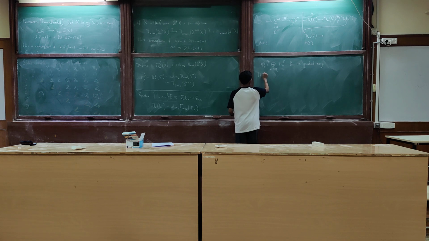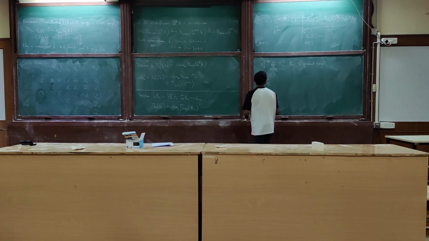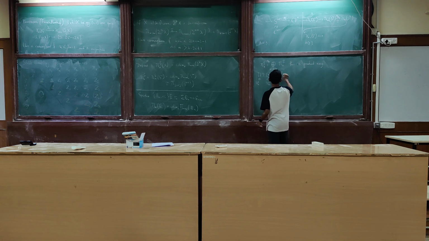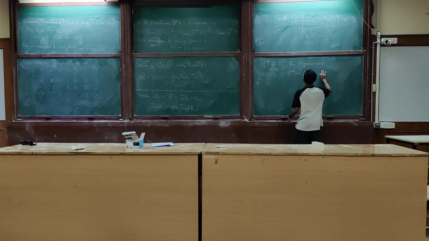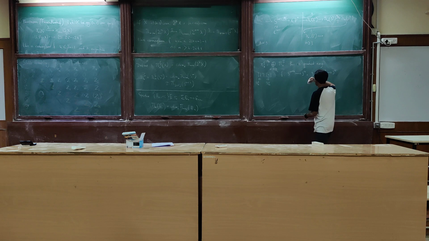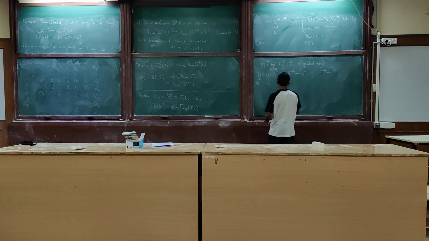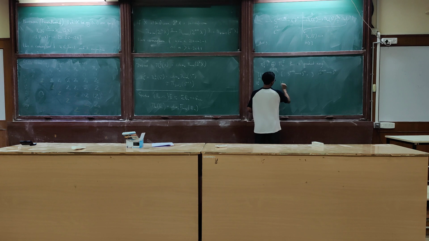So say you had maps f and g. Say f is in pi n of s, and g is in pi m of s. Then you can choose suitable representatives such that f is from S n plus k to S k, and g is from S m plus k to S k, choosing k sufficiently large. Then we can define f times g. Suppose one of them is larger.